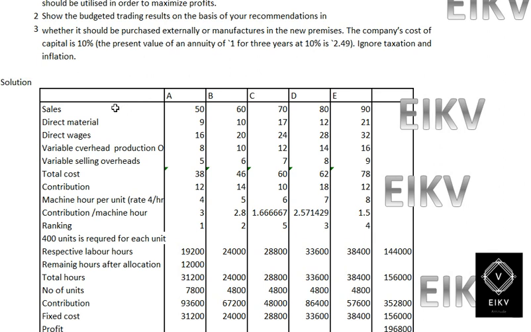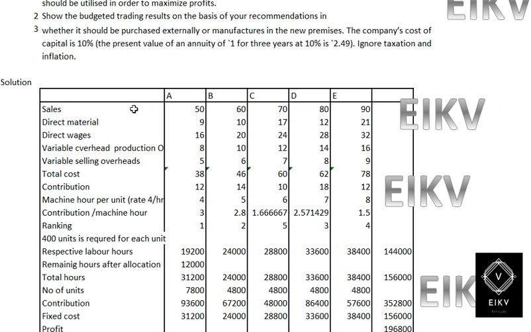So therefore, starting towards the solution, the statement showing computation of profitability. Over here, I have 7 columns, with particulars as the main column, then the products A, B, C, D, E, and a total column.